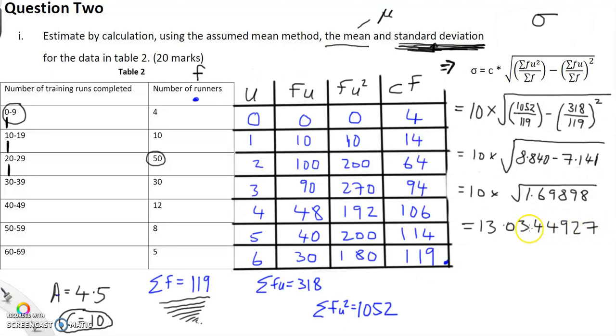We don't need half of that at all. 2 decimal places will be reasonable. That's the 2nd decimal place, and this 4 is sitting in the 3rd decimal place, and because that's less than 5, this 3 does not change. So rounding to 2 decimal places, we get 13.03.